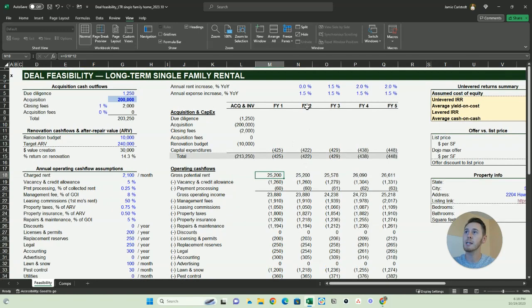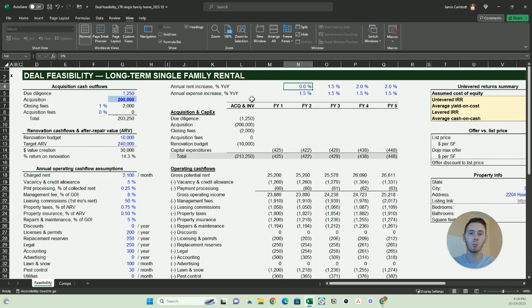Now, if we're going to assume future years, we're going to have to grow both the expenses and the rent over that time, or we're going to have to take a view on what's going to happen over that period of time. Annual rent increase: I have 0% for fiscal year 2. Why? Well, I think it's going to be softening.